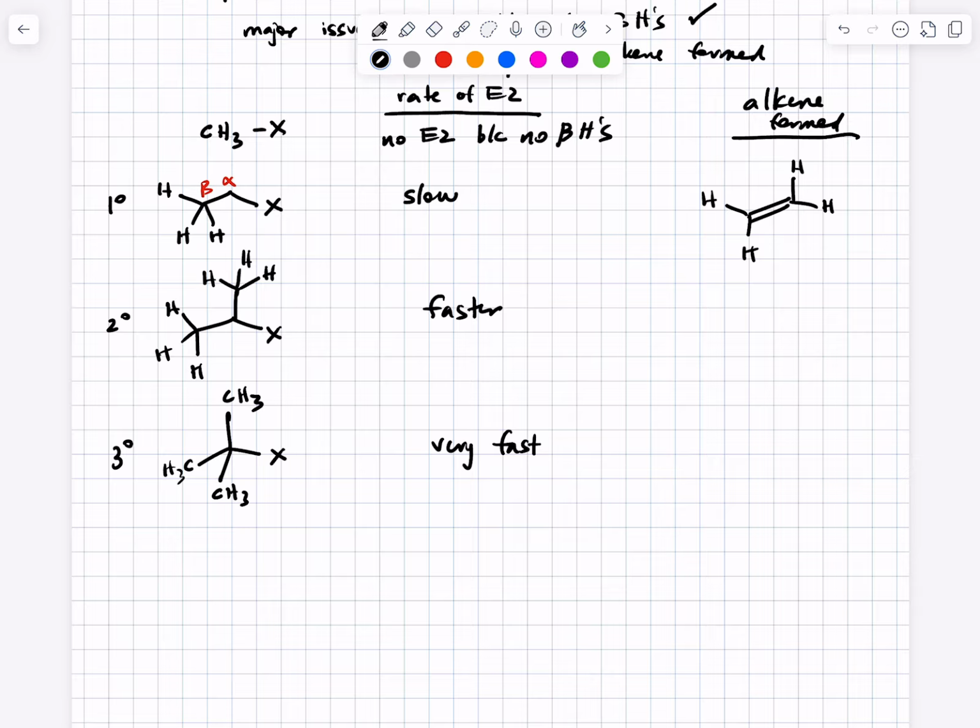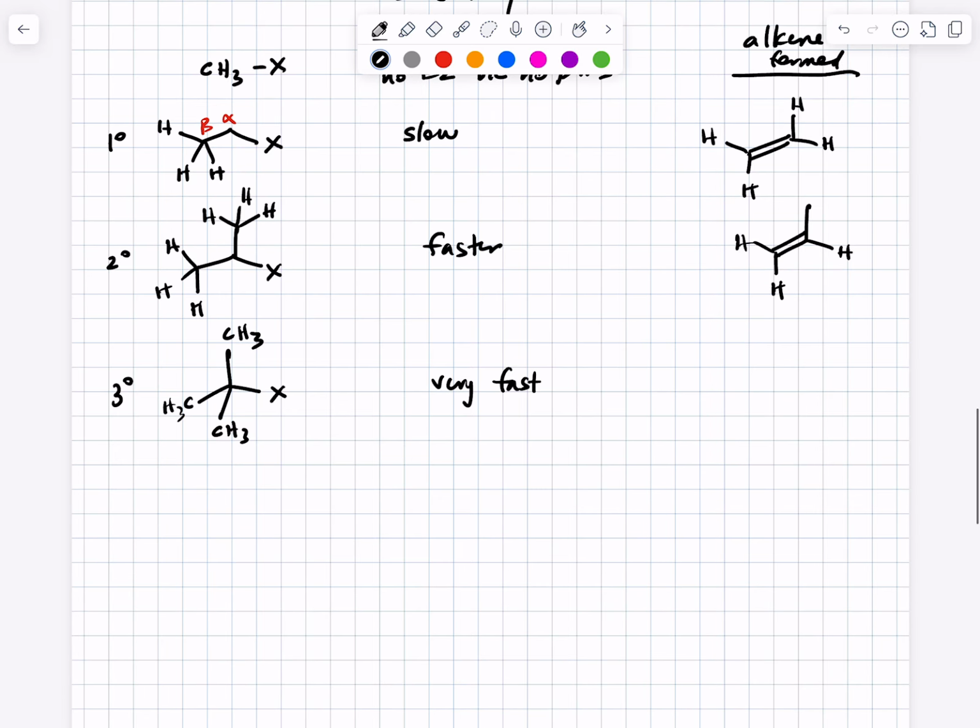Whereas for an E2 reaction of a secondary alkyl halide, there tend to be more non-hydrogen things attached. And for a tertiary alkyl halide, there would be even more non-hydrogen things attached. The product of a tertiary alkyl halide is what we're going to call a more substituted alkene versus a less substituted alkene.